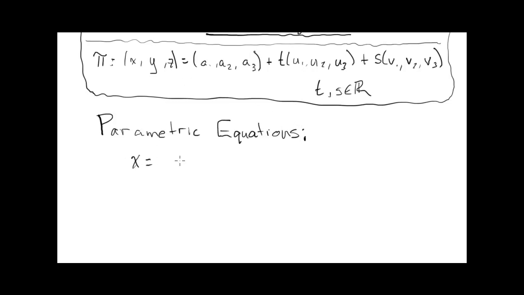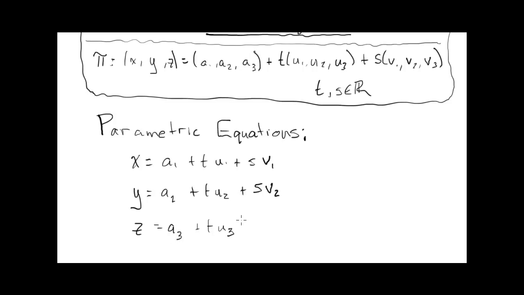An x component, x will equal a1 plus t times u1 plus s times v1. y will equal a2 plus t times u2 plus s times v2, and z will equal a3 plus t times u3 plus s times v3, where t and s are real numbers.